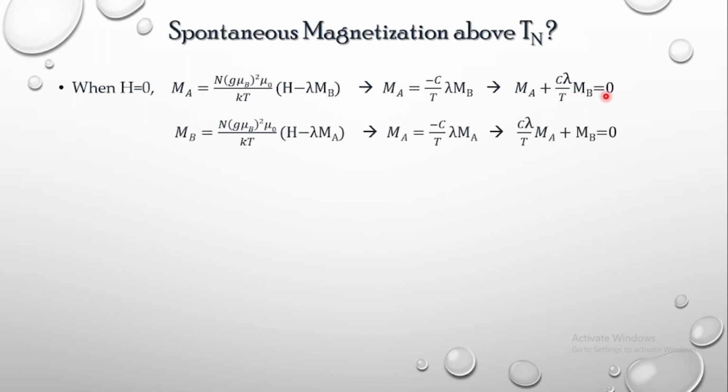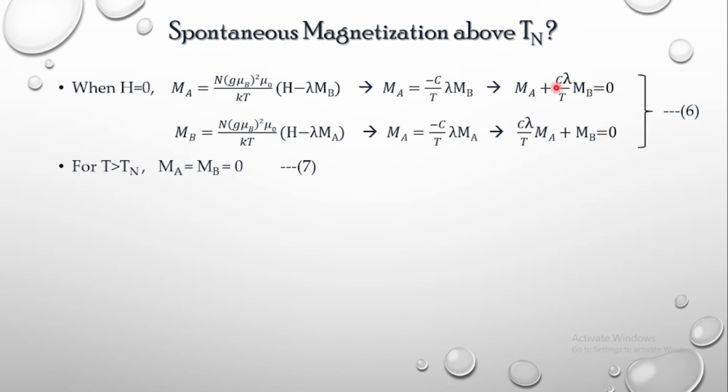Similarly, we will do it for sublattice 2, containing atom B, putting H equal to 0, putting the C value and rearranging the equation. This is the set of equation number 6, and for T greater than Tn, equation number 6 has its trivial solution, that is Ma equal to Mb equal to 0.